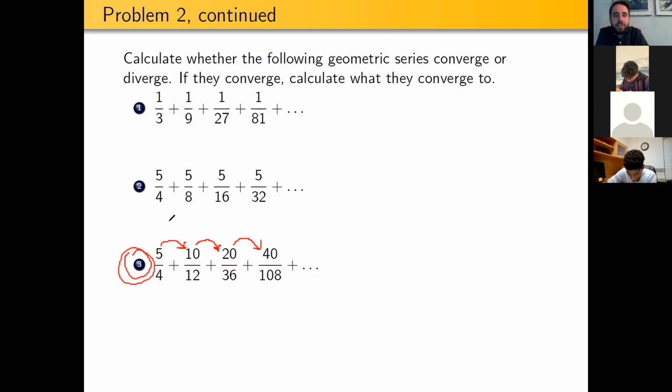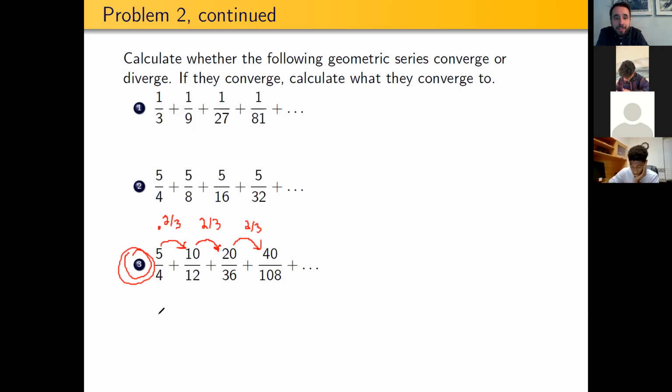To get from 5/4 to 10/12, I have to multiply by 2/3. Then to get from 10/12 to 20/36, I also have to multiply by 2/3. And then to 40/108. Hopefully I did the math right, but I think that is also 2/3. And so on.